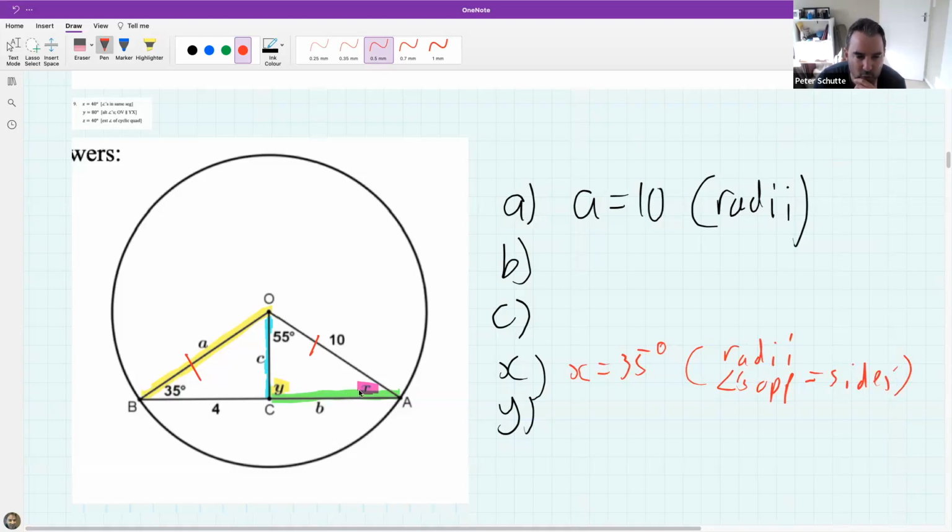We know those are equal sides. Oh, that's an isosceles triangle. The angles opposite equal sides. And so that's why that's 35.